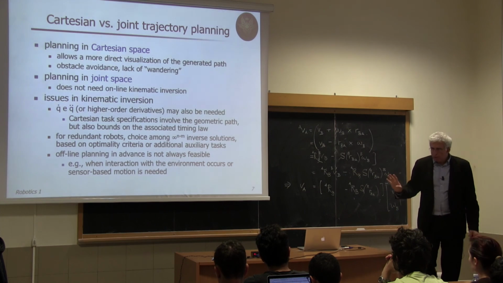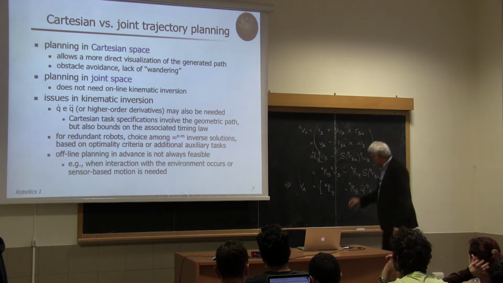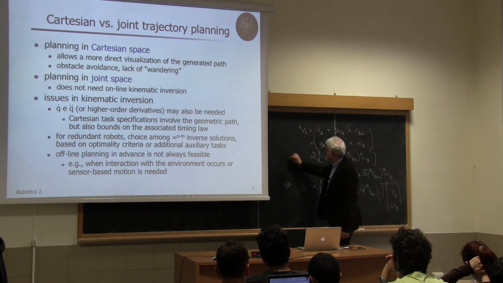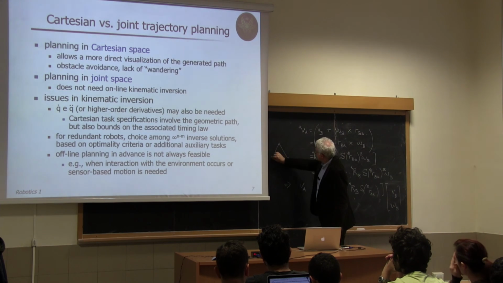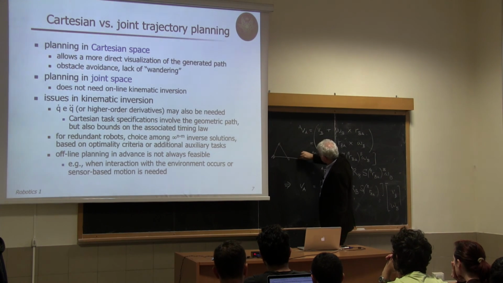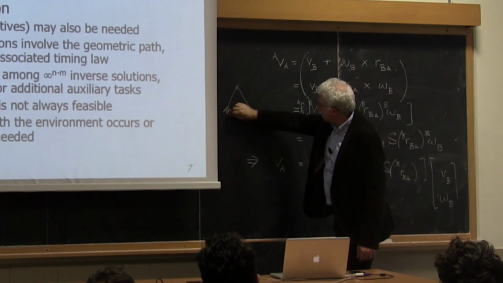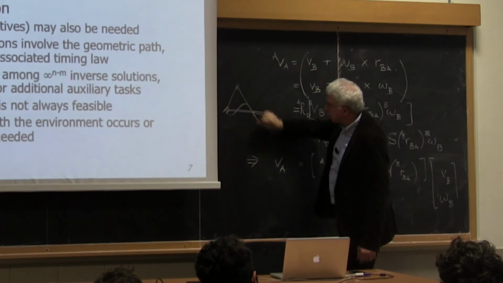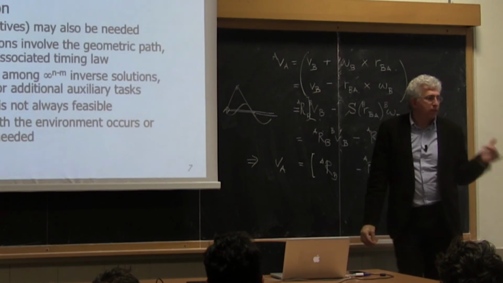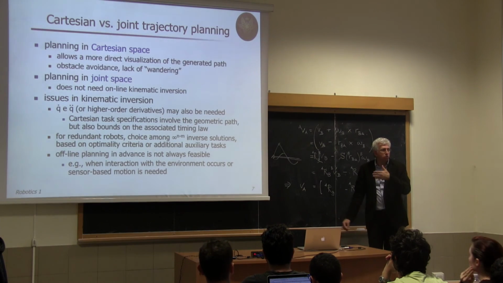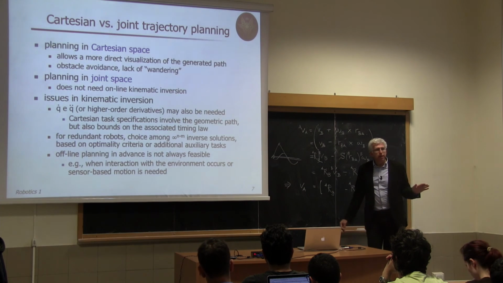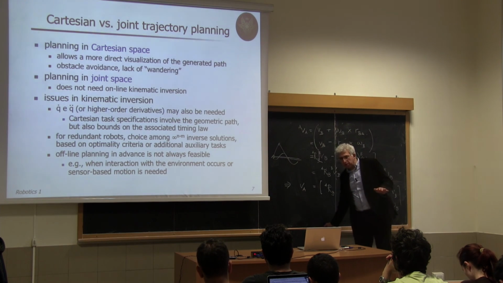Okay? Which means that you can also fold your robot crossing exactly this point. Probably you will do something like this, but you can cross this point in the joint space without any problem. So you can cross Q2 equal pi and nothing happens because you're not inverting the Jacobian.